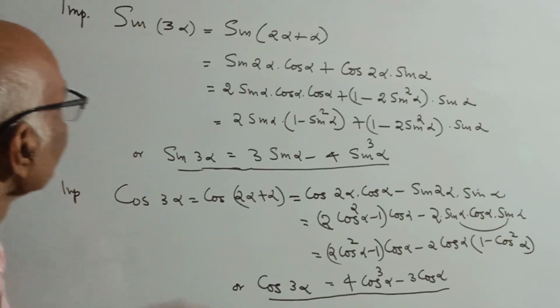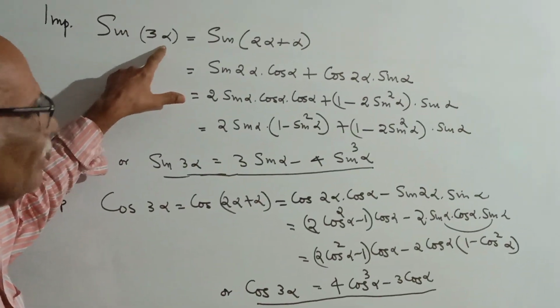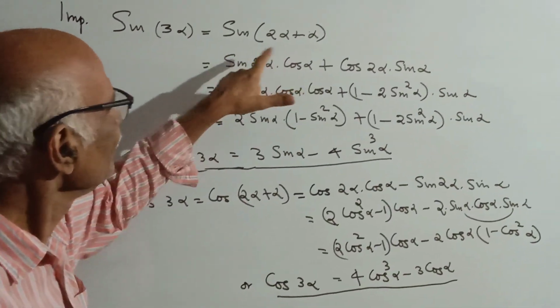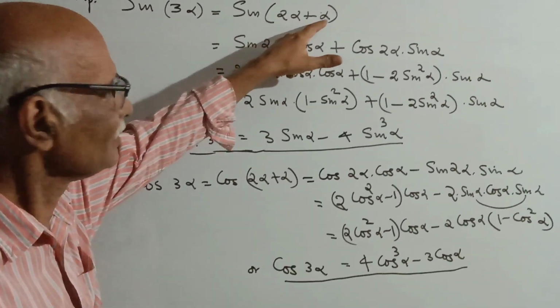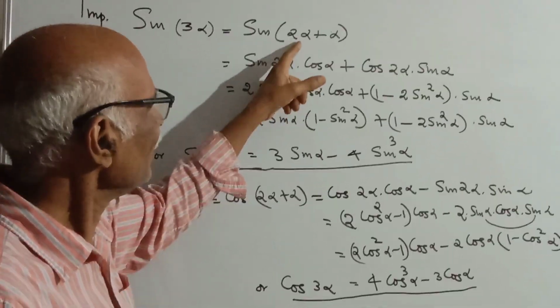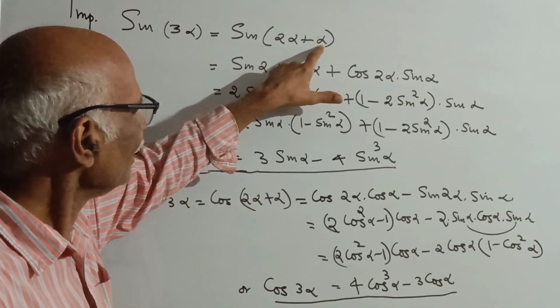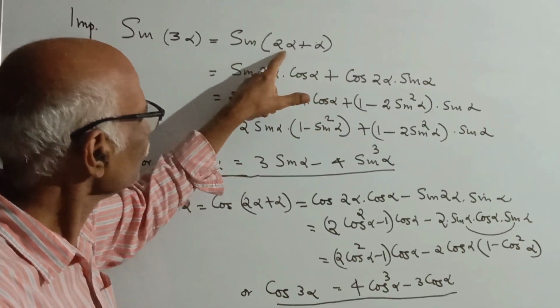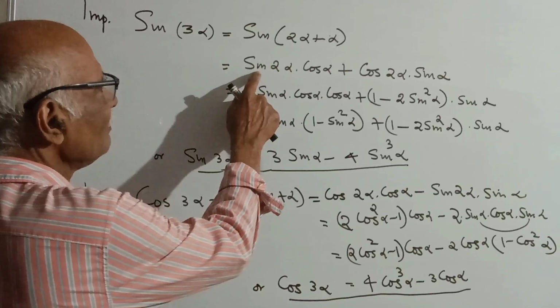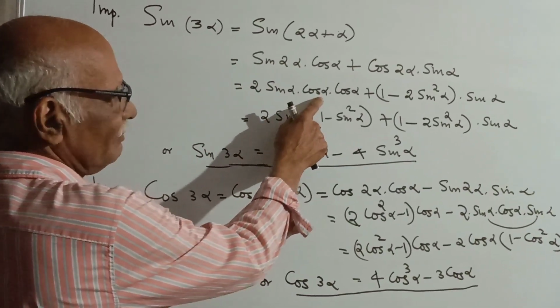Now we consider sine 3 alpha. You know 3 alpha is 2 alpha plus alpha. So sine of (2 alpha plus alpha). We apply the formula of sine. It is sine 2 alpha cos alpha plus cos 2 alpha sine alpha. Now sine 2 alpha is 2 sine alpha cos alpha.